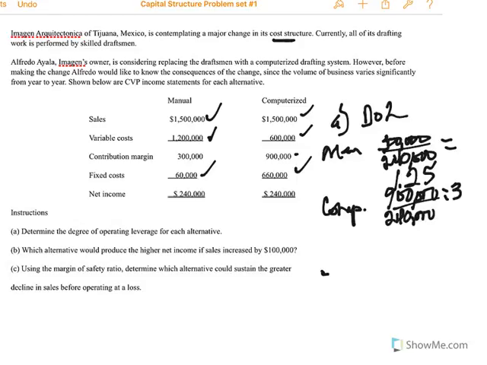So it has a degree of leverage of 3.75, considerably higher than manual. So the computerized system will produce profits that are almost 3 times higher than the manual system. With a $1,000 increase in sales, net income will increase 20,000 under the manual system, but 60,000 under the computerized system. And in the next case, we're going to show that.